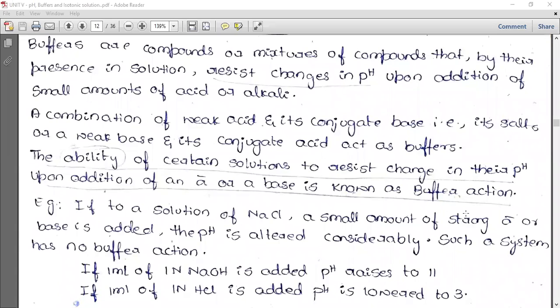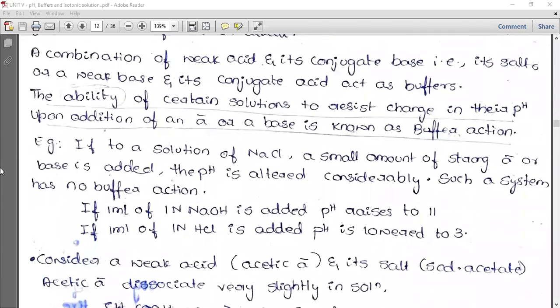Is it clear? For example, if to a solution of sodium chloride a small amount of strong acid or base is added, the pH is altered. We expect the pH to change, so such a system has no buffer action.